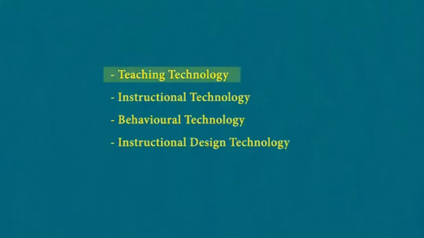It makes practitioners search for new and innovatively effective ways of organizing teaching learning processes. It has different aspects and forms such as teaching technology, instructional technology, behavioral technology, and instructional design technology.